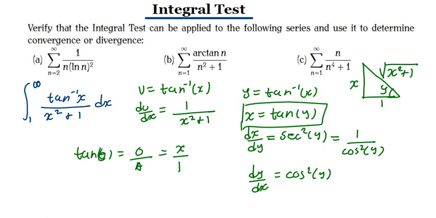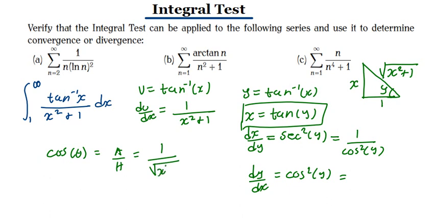plus 1. So what you do is that you come here and say, okay, cos y. What is cos y? From SOHCAHTOA, cos theta is adjacent over hypotenuse, and theta in this case is y. Your adjacent is 1, your hypotenuse is the square root of x squared plus 1.